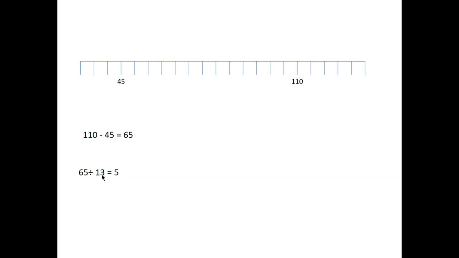So 65 divided by 13 is 5. So this is going up in 5s. 45 plus 5, 50, 55, 60, 65, 70, and so on. And we can go above the 110, adding on 5 each time. And we can take away 5 each time.